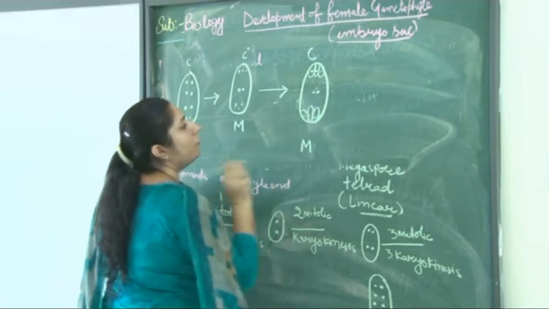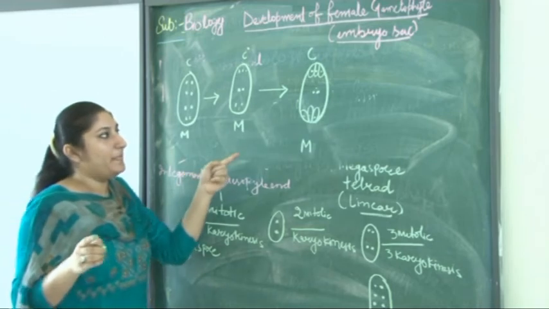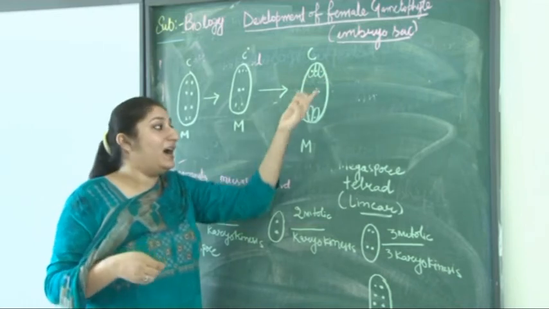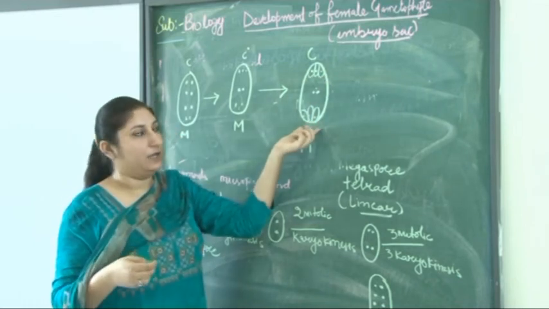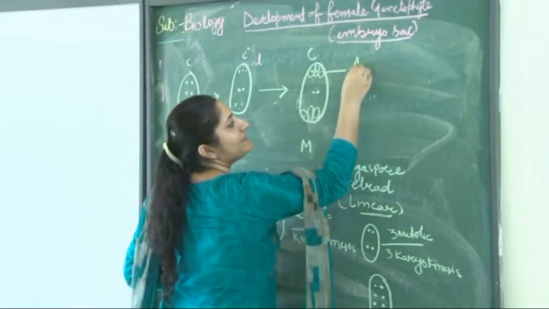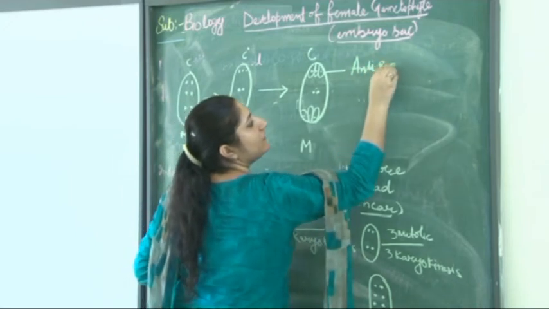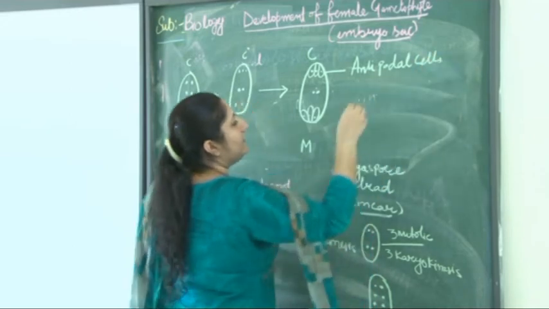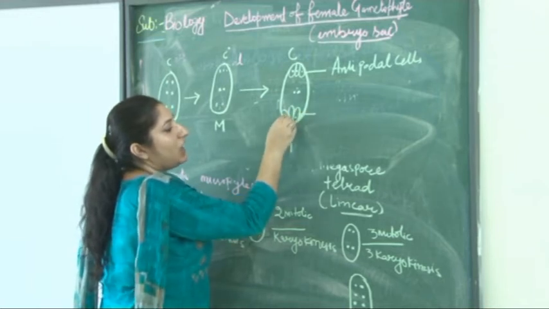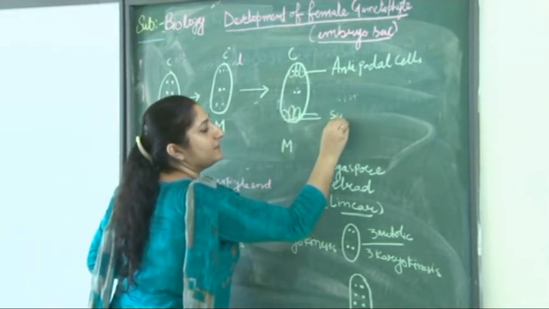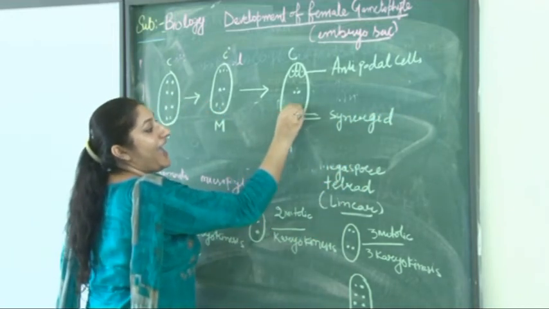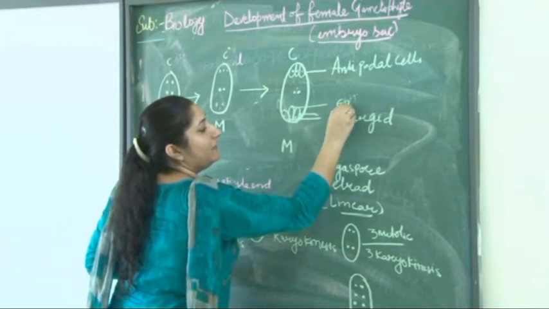Now, if you look carefully at this diagram, I am going to name them. The three cells that are formed on the basal end are called antipodal cells, and the cells which are formed on the micropylar end, these two cells are called synergids, and the center cell is called the egg.